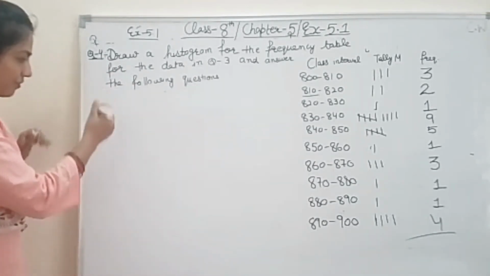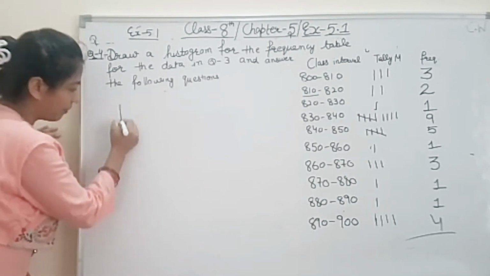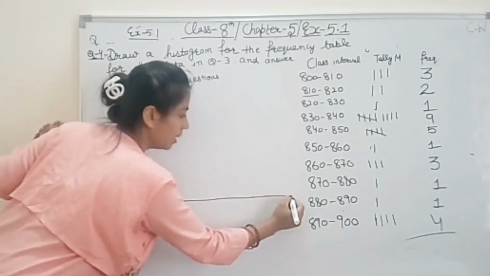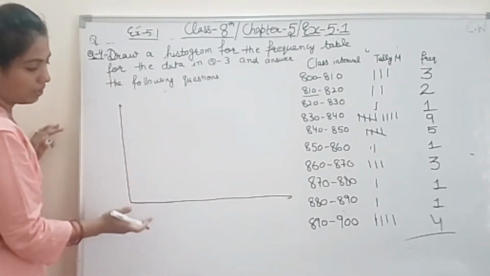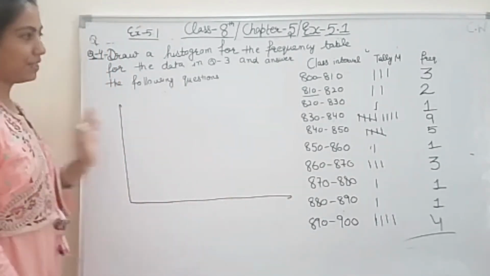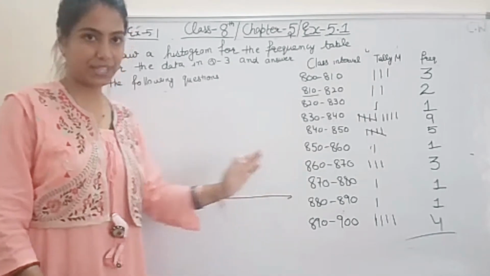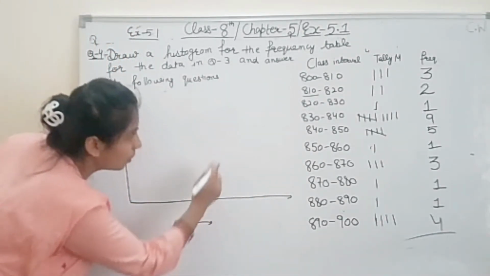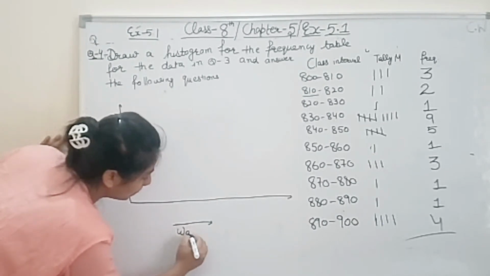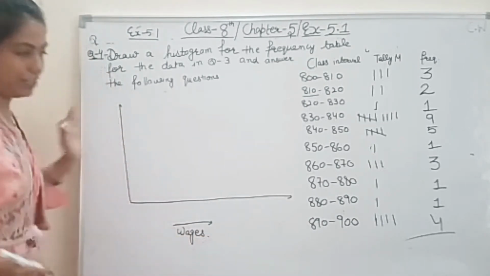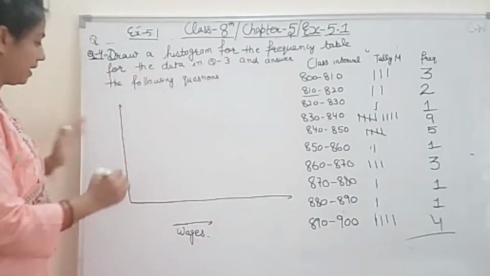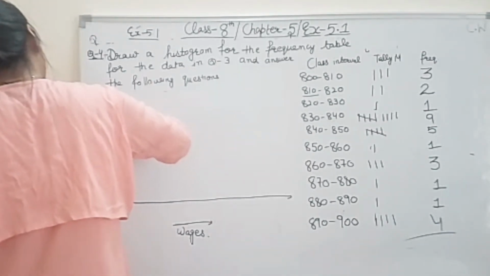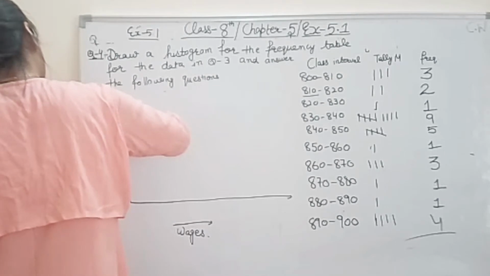Right? Fine. So first of all, histogram के लिए we have to make x-axis and y-axis. Okay. Along the x-axis, what we have to take, this interval only. Right. So this is interval, or you can say wages of worker. है ना? Wages of worker, and here the number of workers.